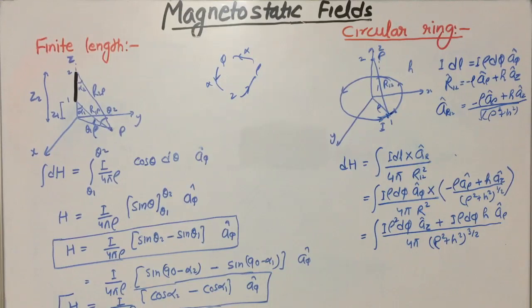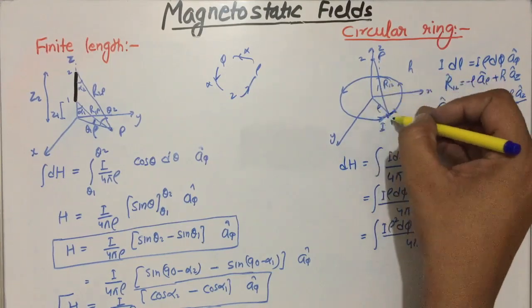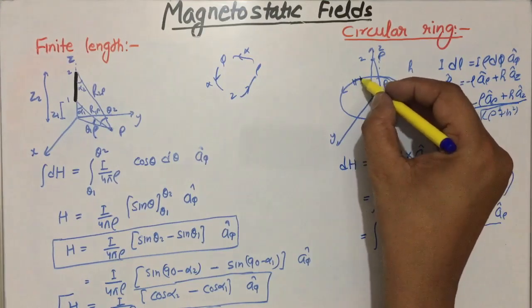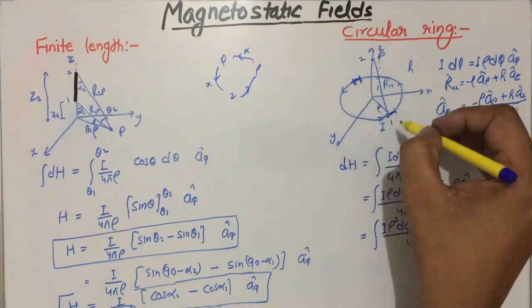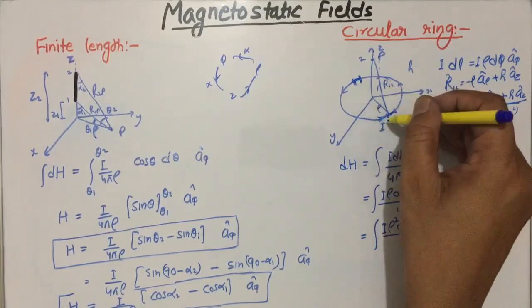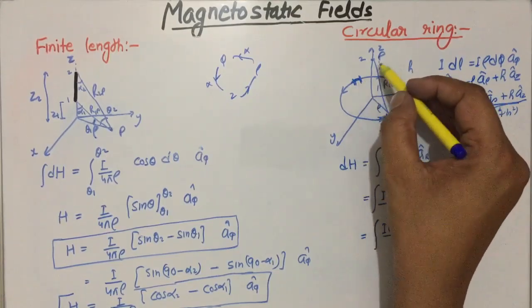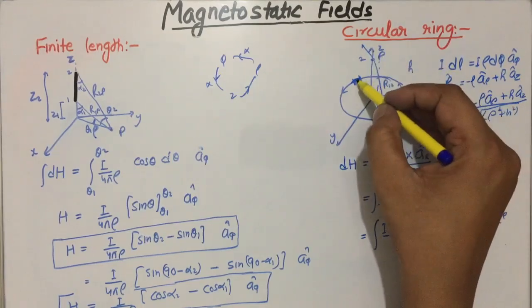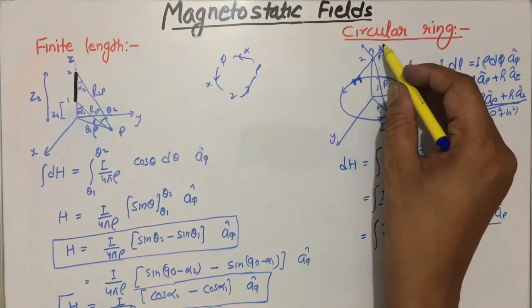Okay, consider the same element in this direction. If it is a circular ring, the same element in this direction, the field will be here due to this, and due to this the field will be here.